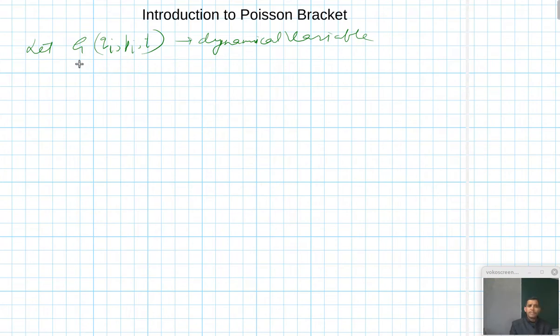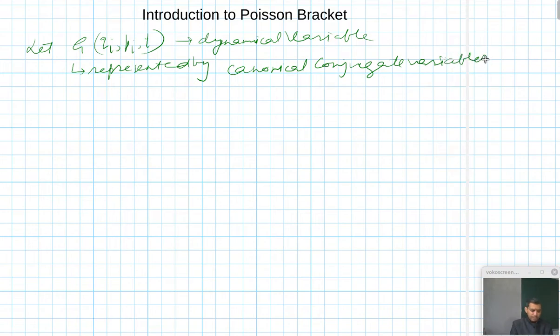It is represented by canonical conjugate variables, say Qr and Pr. These are the canonical pair of conjugates, right?